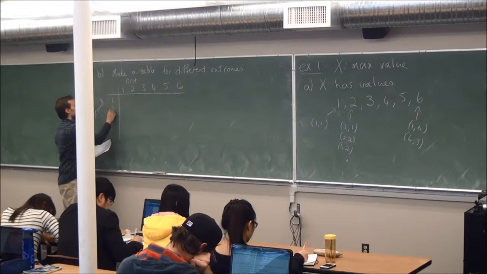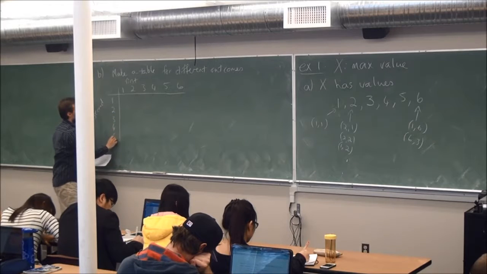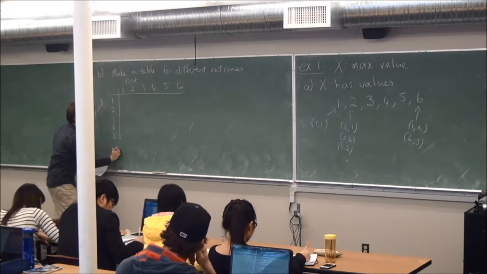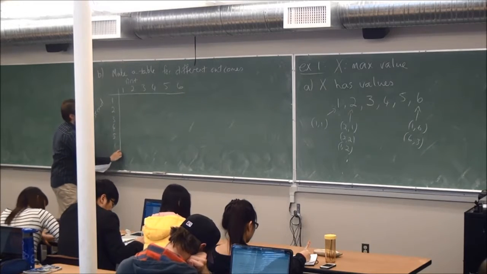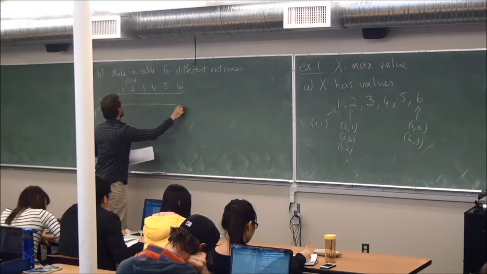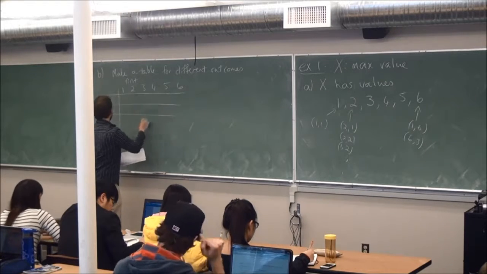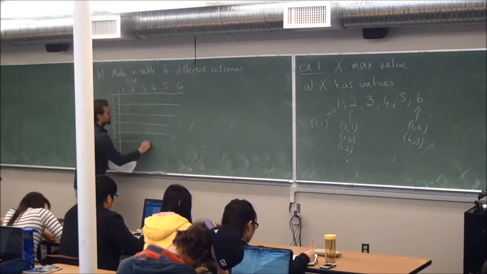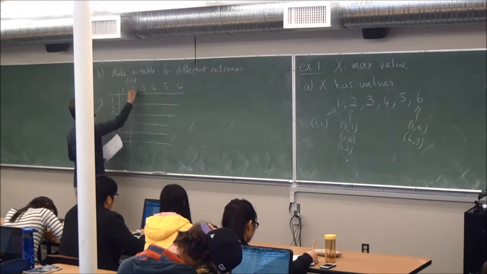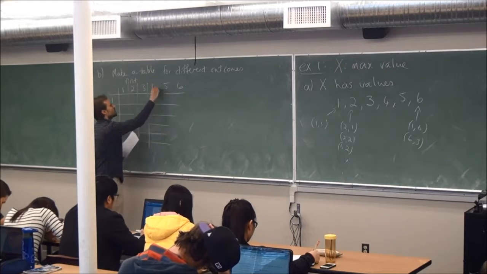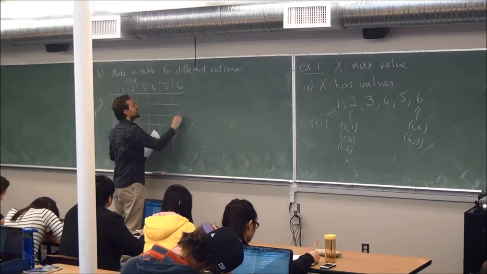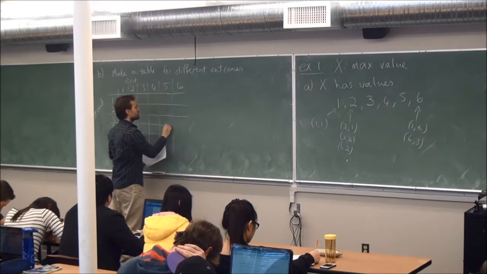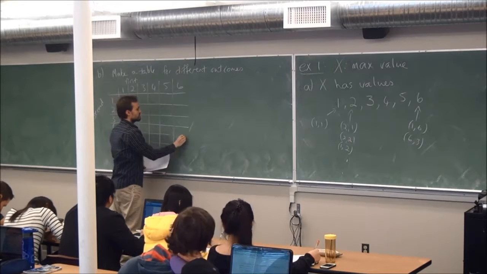So the second row could be 1, 2, 3, 4, 5, and 6. And try and separate these guys. So I want to see all the different combinations and how they can give me one of those X values.